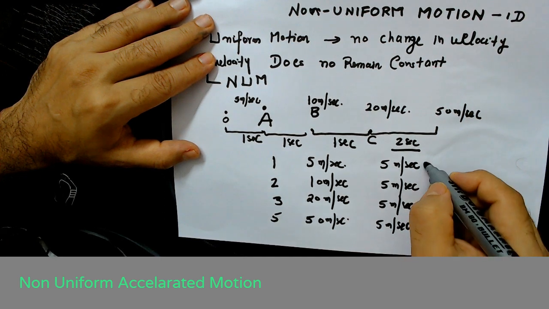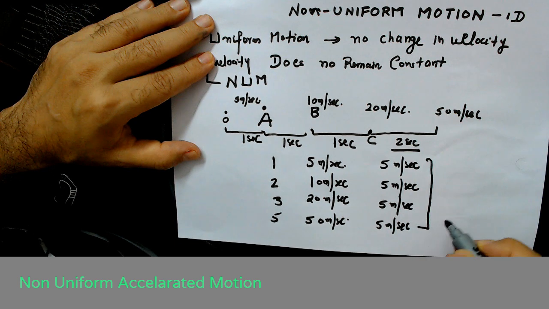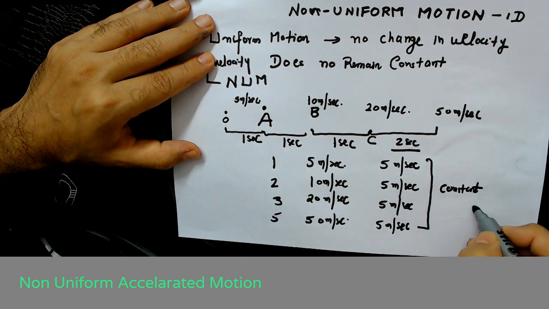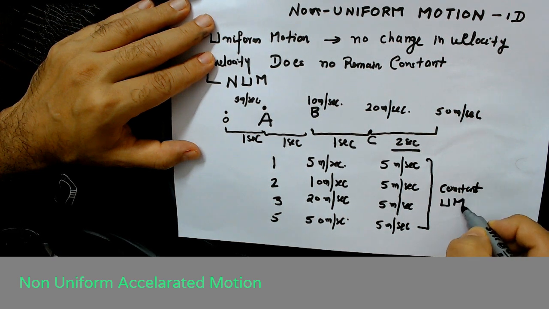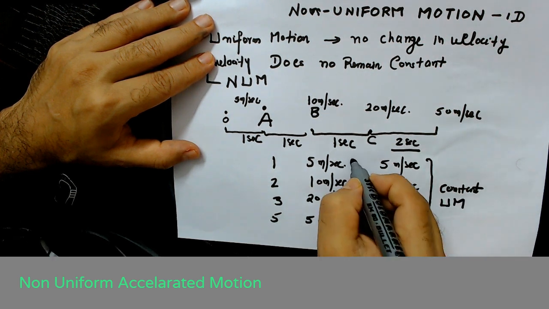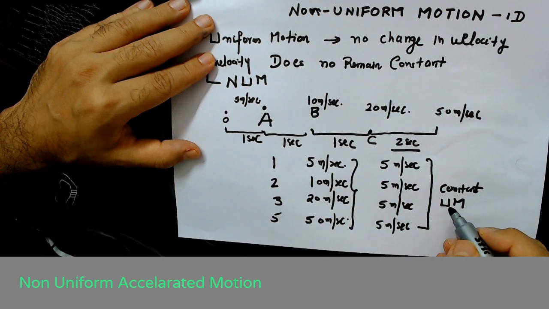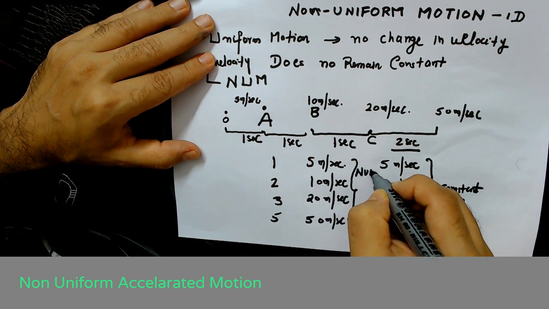So this type of motion in which the velocity remains constant, although the time progresses, is called uniform motion. But this type of motion in which the velocity keeps on changing as the time progresses is called non-uniform motion.